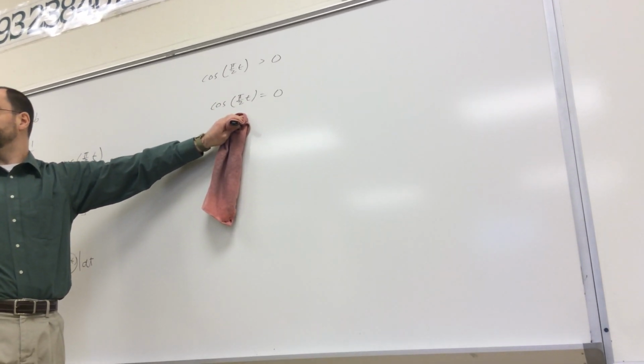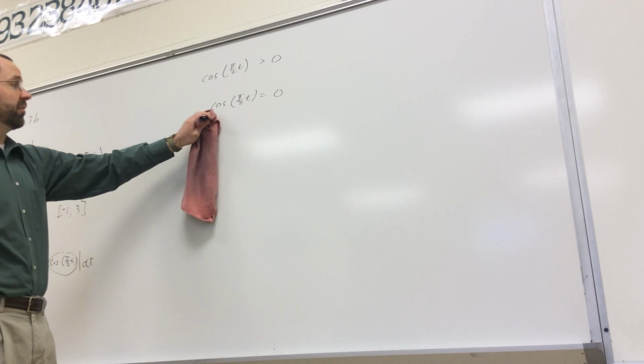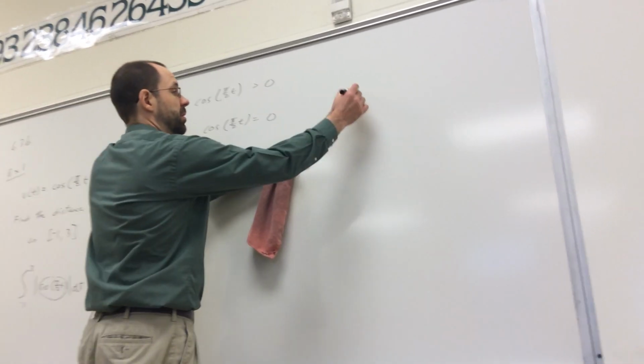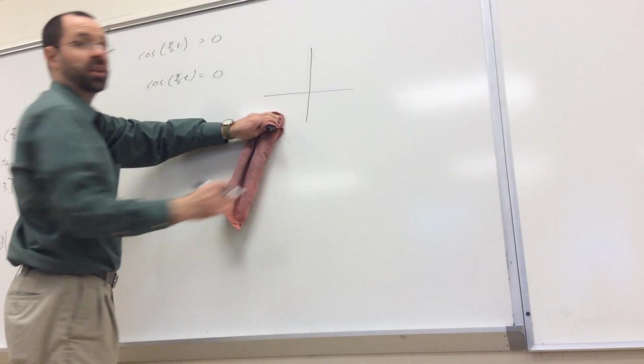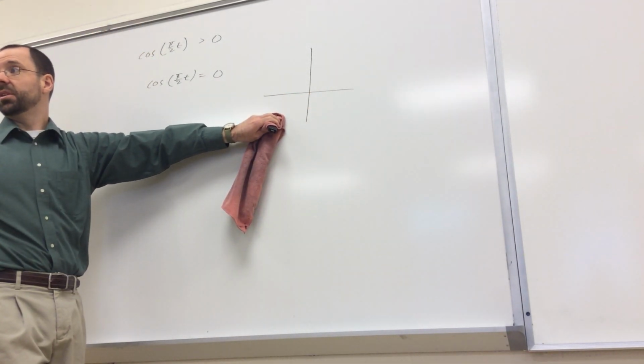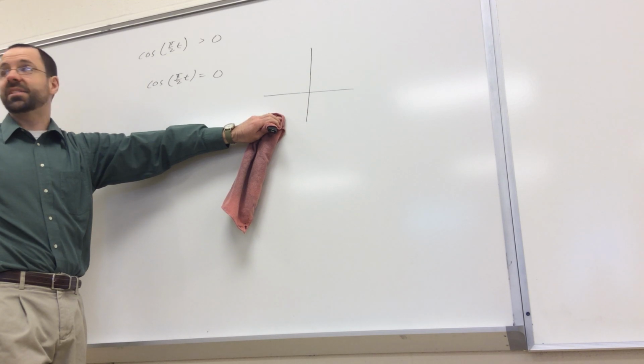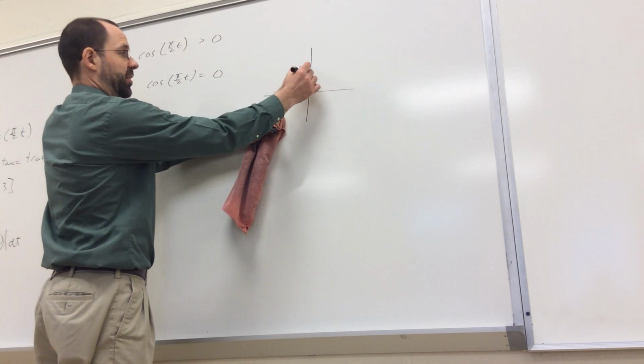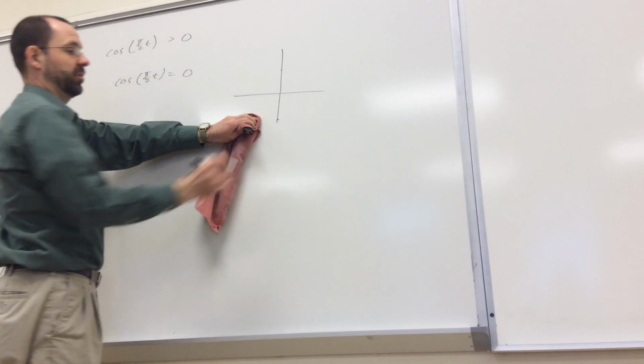All right, so for that, we need the unit circle. So we're looking for when the cosine of a mess is 0. On the unit circle, the cosine is the x value. So we're looking for when the x value is 0. So that happens at this location and at that location.